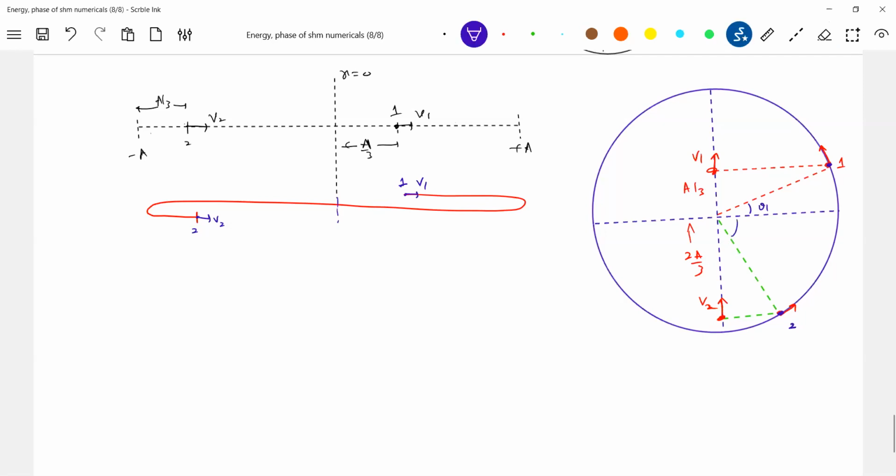Let me define this as theta 2. Sine theta 1 equals A by 3 by A, so theta 1 equals sine inverse of 1 by 3. Sine theta 2 equals 2 by 3.